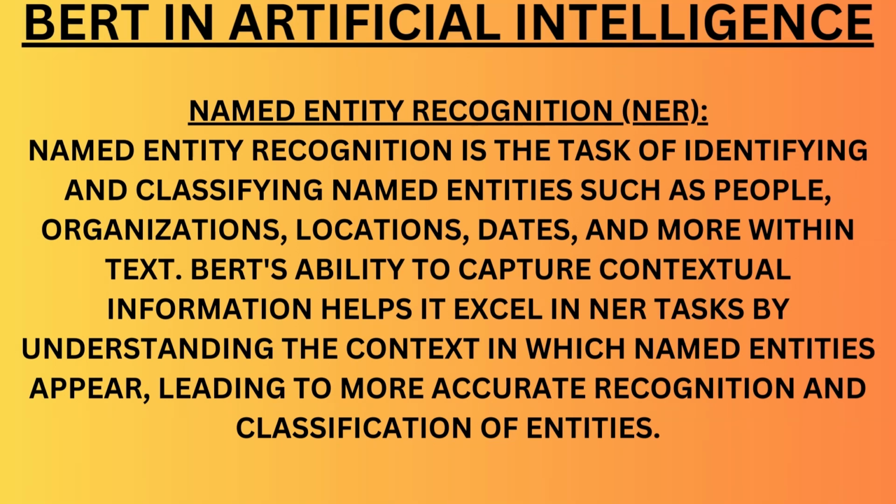Named Entity Recognition is the task of identifying and classifying named entities such as people, organizations, locations, dates, and more within text. BERT's ability to capture contextual information helps it excel in NER tasks by understanding the context in which named entities appear, leading to more accurate recognition and classification of entities.